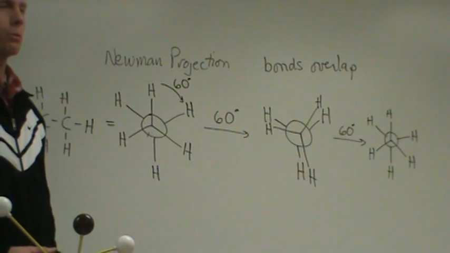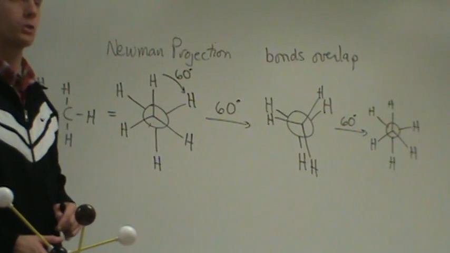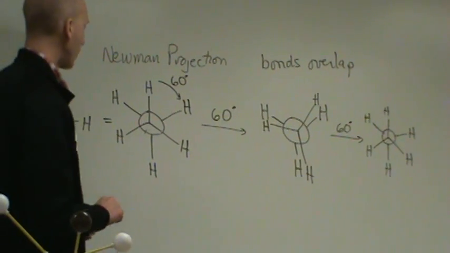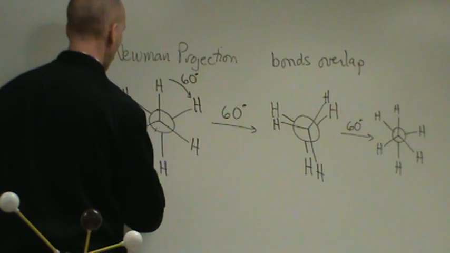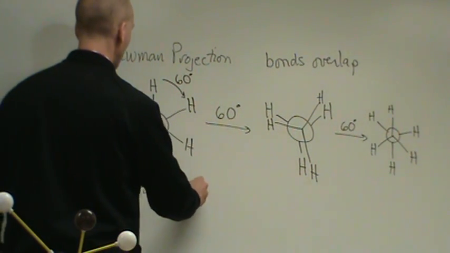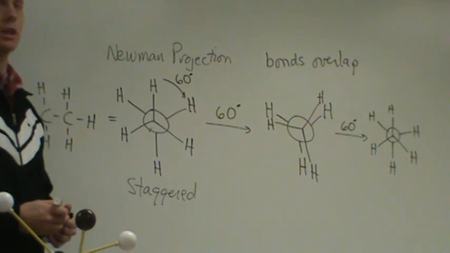We call these different Newman projections some different names. Here, where they're all staggered out, that's called a staggered conformation.